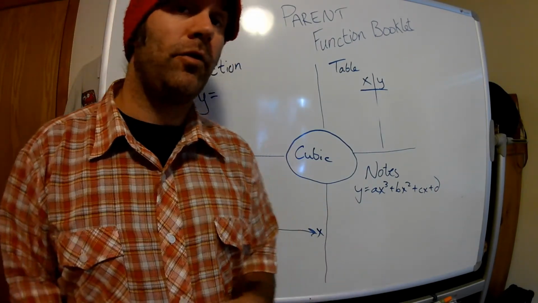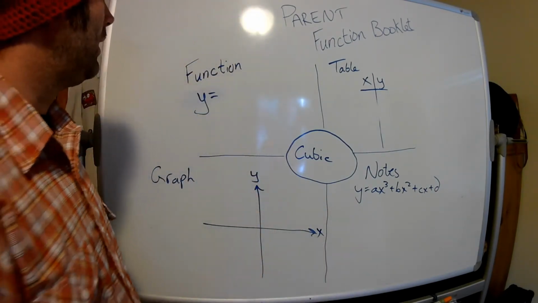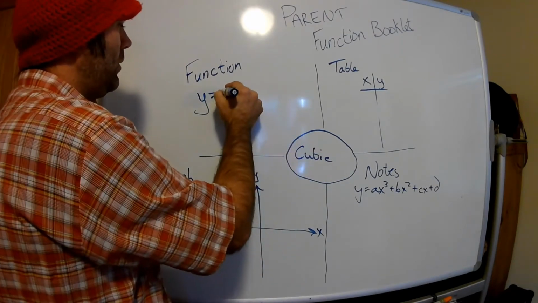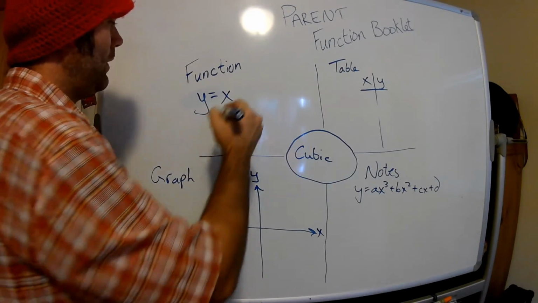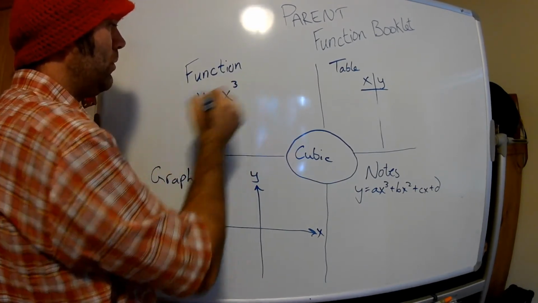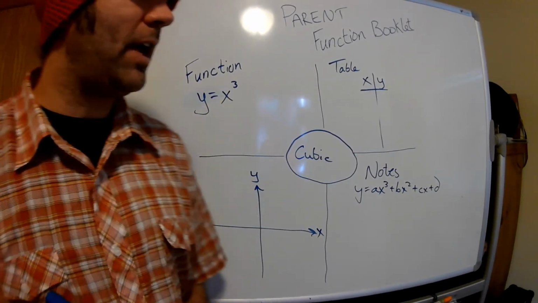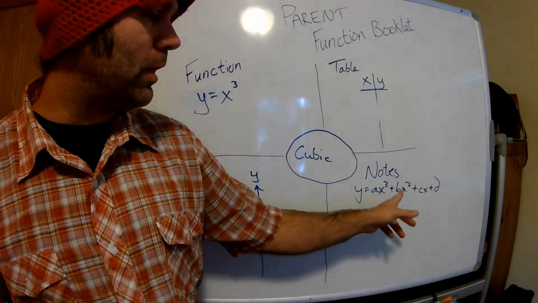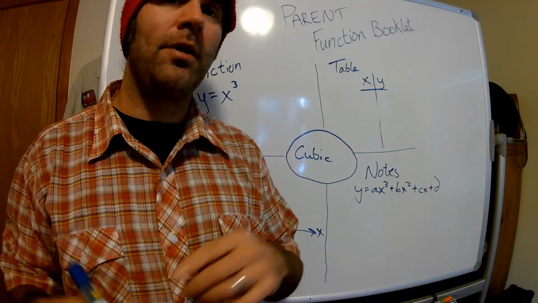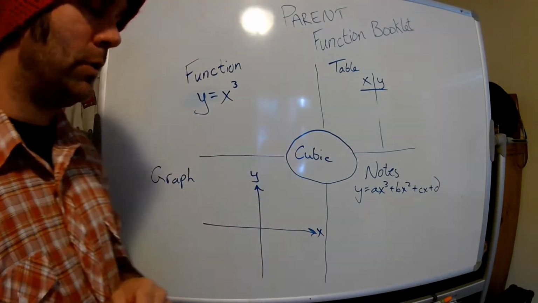Obviously the parent function is much simpler looking, and we could imagine that it is y equals x cubed, because we always need an x in there to be a parent, and it is cubed. We could rewrite it y equals 1x cubed plus 0x squared plus 0x plus 0.